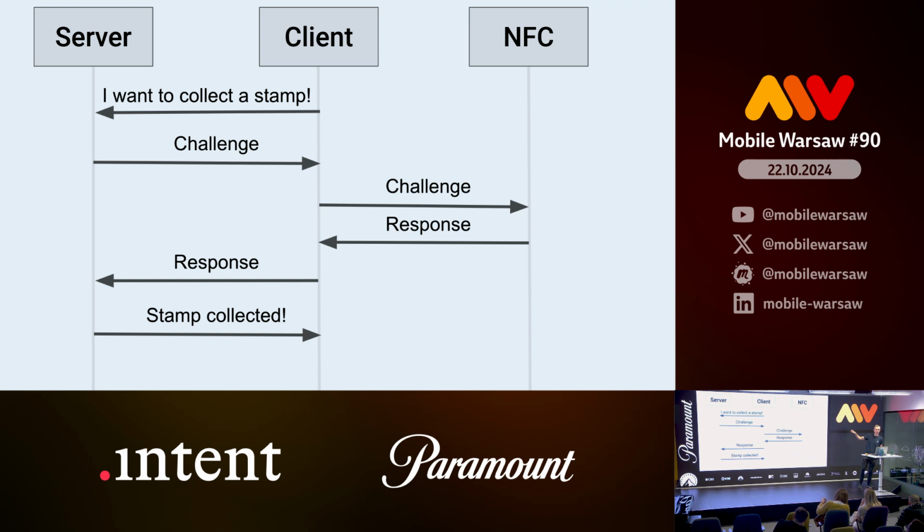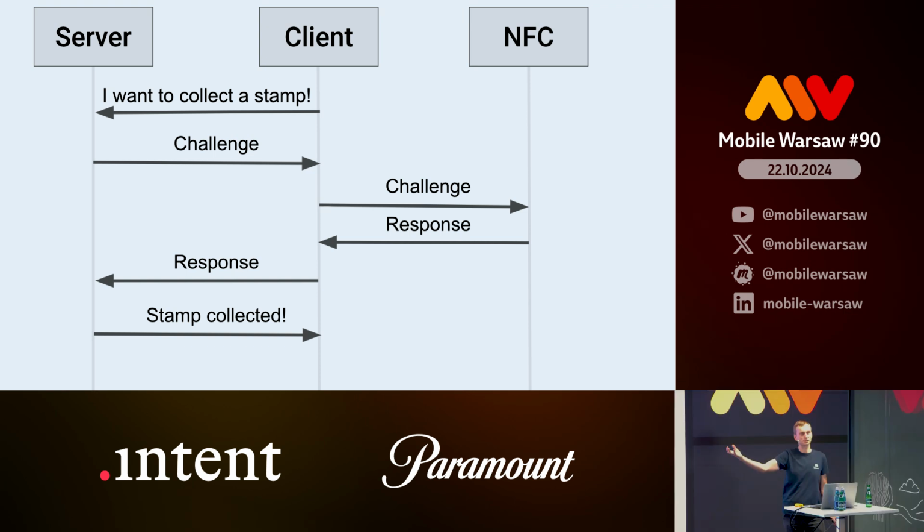So in this scenario, you have a beacon that has a private key, so you send a random string to that beacon, and you get an encrypted string back, and then you cannot validate this information on mobile. You need to validate it on the server. And this challenge changes with every request.